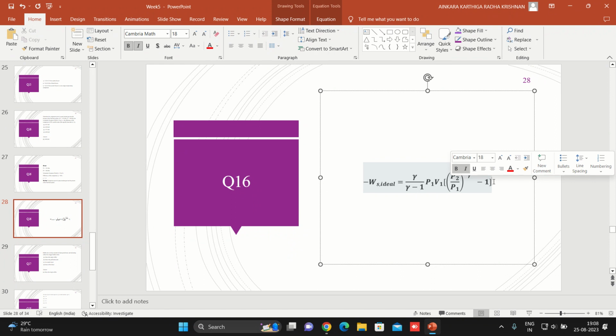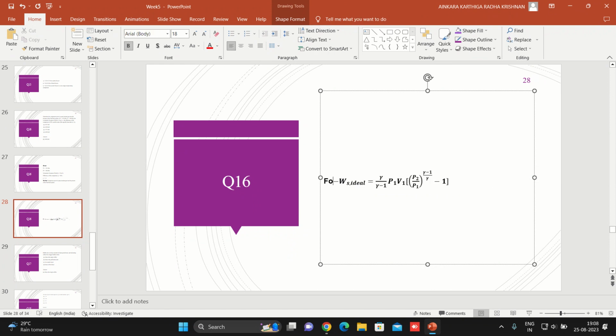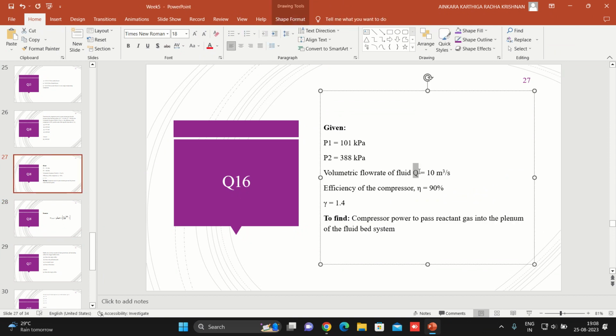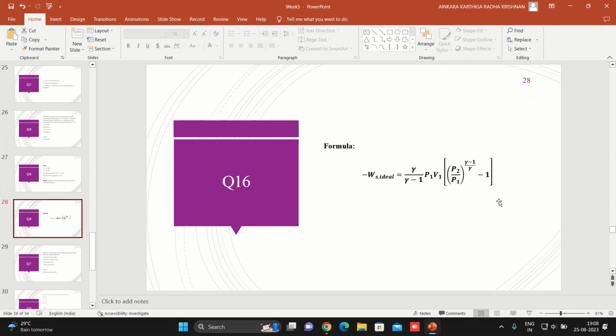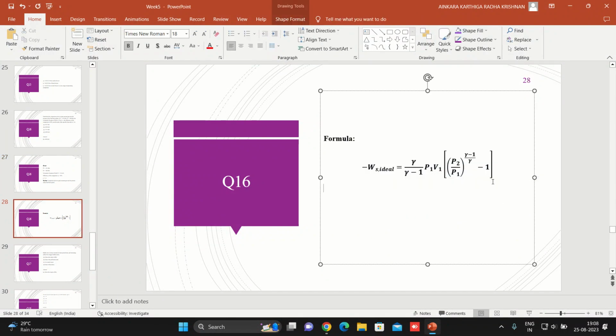So this is the equation. The answer is what we got here. We'll keep it as V1. So it is a simple problem from now on where we need to just substitute.